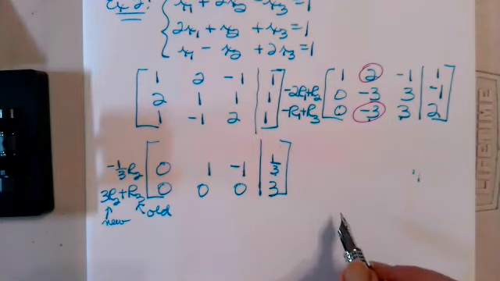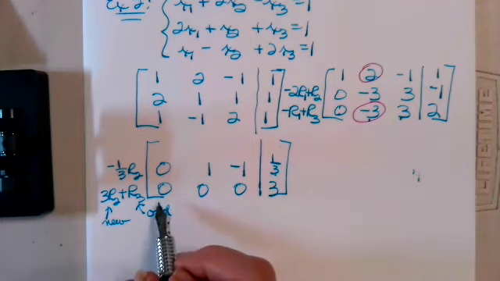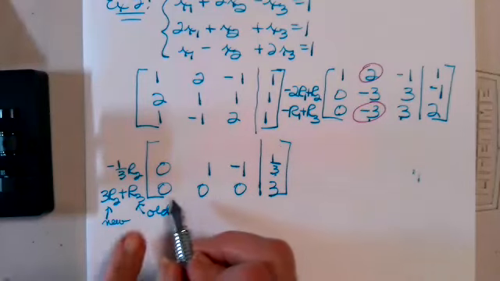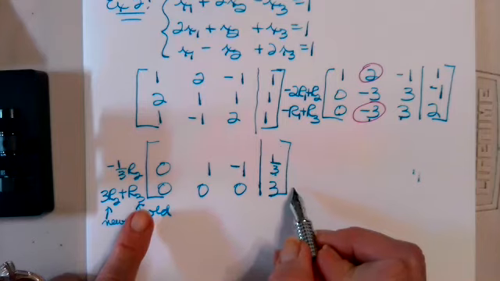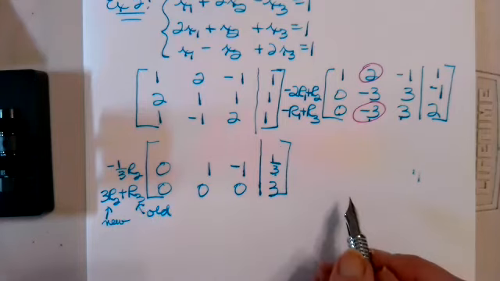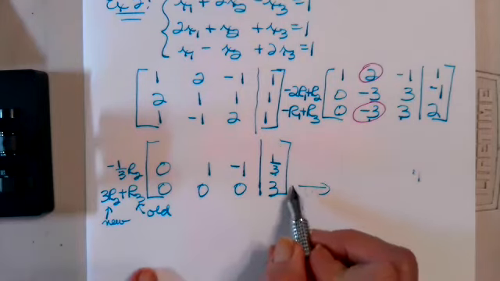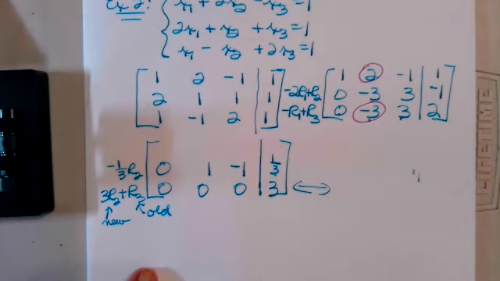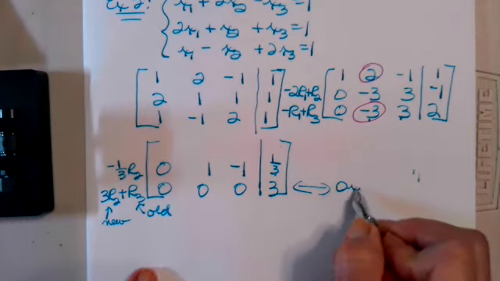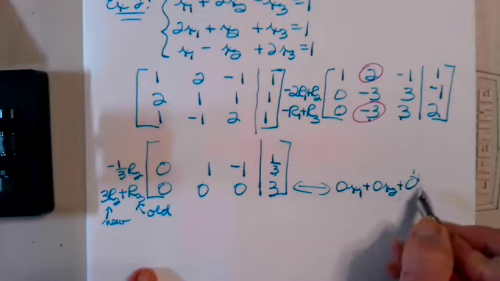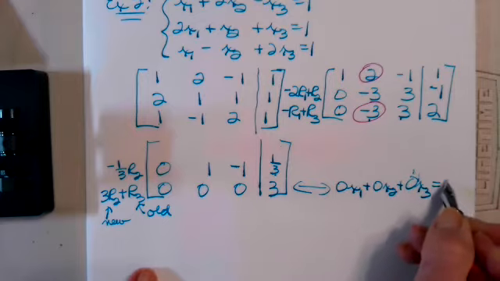Okay. And now I'm going to stop. Why am I going to stop? Because I could go ahead and do the row 1, but let's remember that these rows at every step of the game translate to an equation. And what does this last equation say? This says 0 times x1 plus 0 times x2 plus 0 times x3 equals 3.